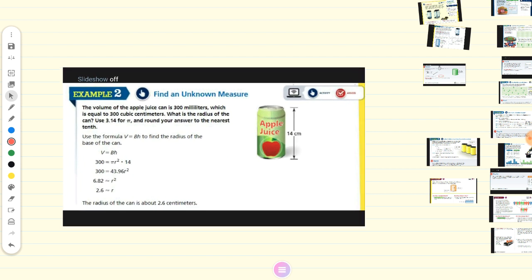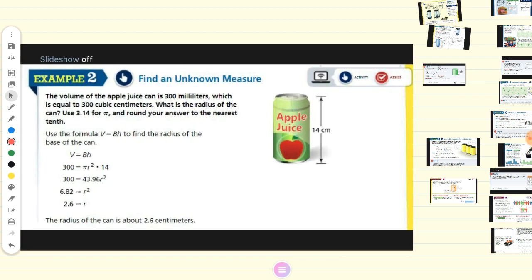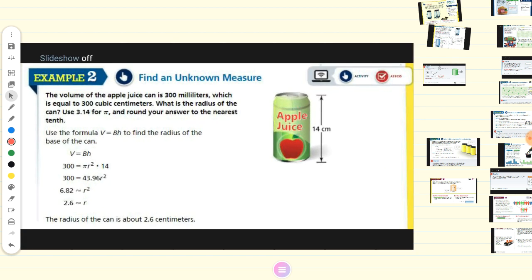Again, another question. He told me that the volume of juice is 300 milliliters. He gave me the volume, so V equals 300, which is equal to 300 cubic centimeters.